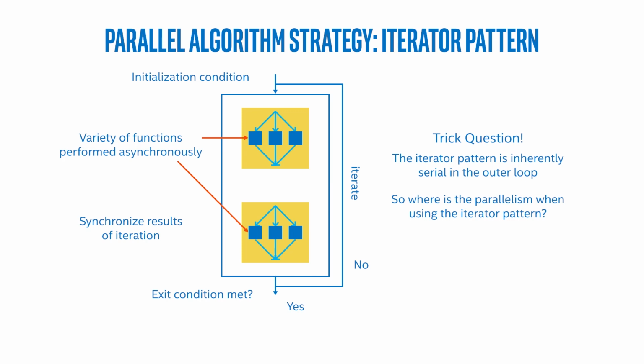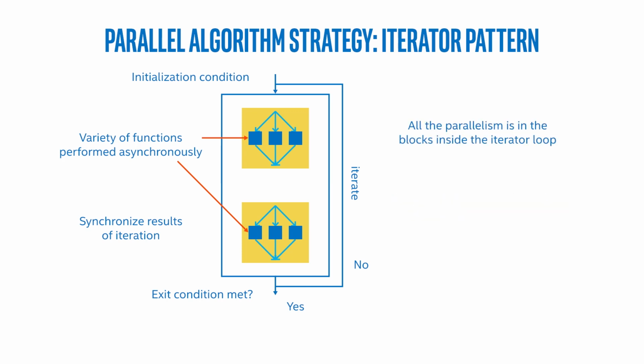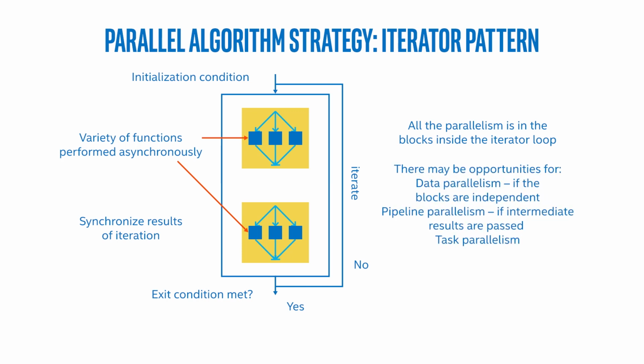If we're looking for parallelism in something that's described as an iterator pattern, we've got to look inside the blocks inside the iterator loop. And in fact, we may often find that there are opportunities for data parallelism or pipeline parallelism. Data parallelism if the blocks are entirely independent, and pipeline parallelism if intermediate results from one can be passed to another, or at the very least, we may find some opportunities for task parallelism.